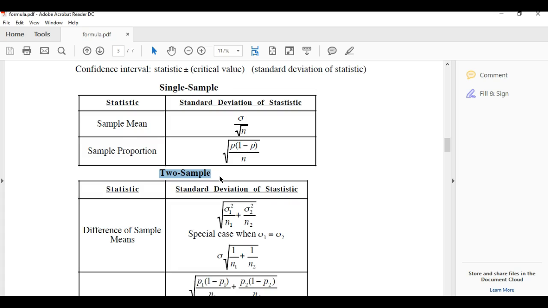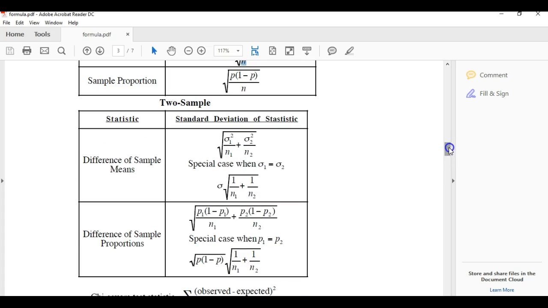It's for proportions. Here's my standard deviation for a 1 sample. TAX has the letter X in it, and I write it with a bar over it. So I'm dealing with means. Here it is for a 1 sample.